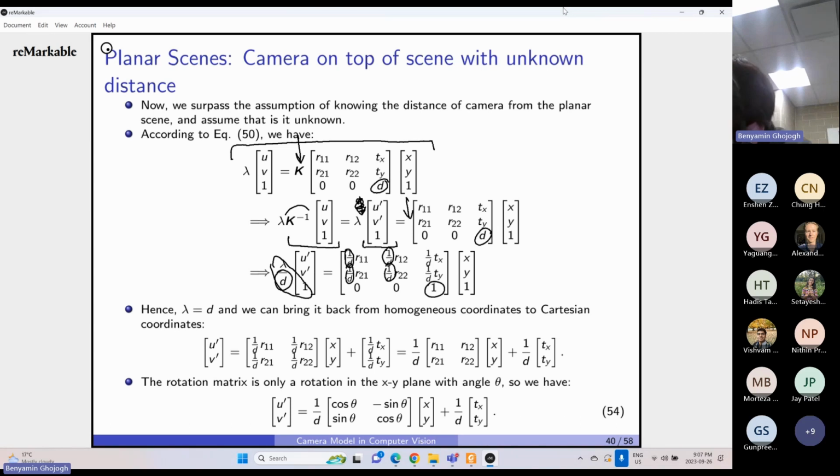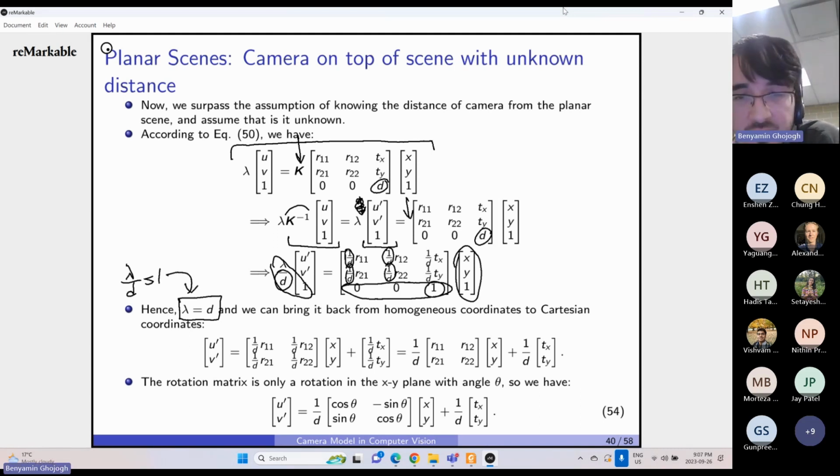Consider the last row. Lambda over d times 1 equals this last row times this. Therefore, lambda over d equals 1. Therefore, lambda equals d. So now, if you set lambda to d and solve this system of linear equations, you will get this. So this system of linear equations simplifies to 2 equations.